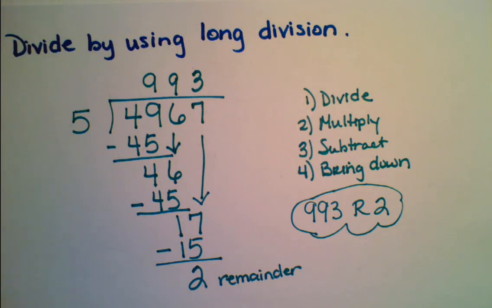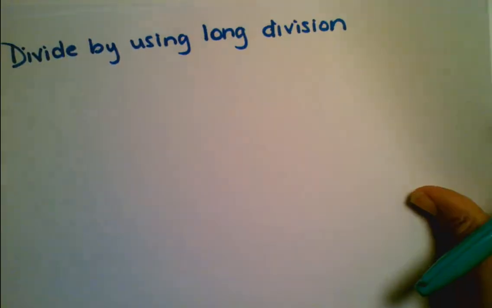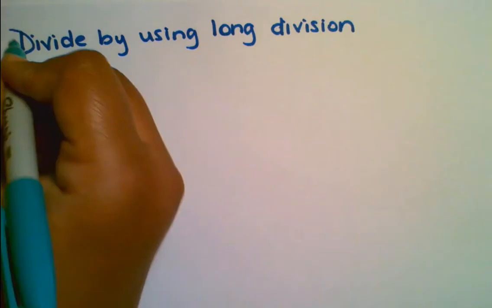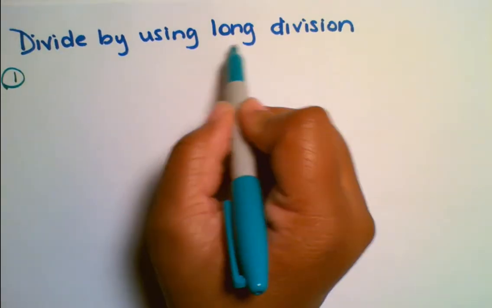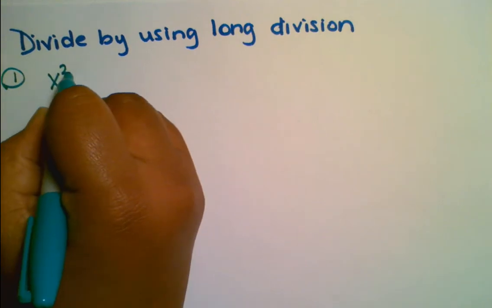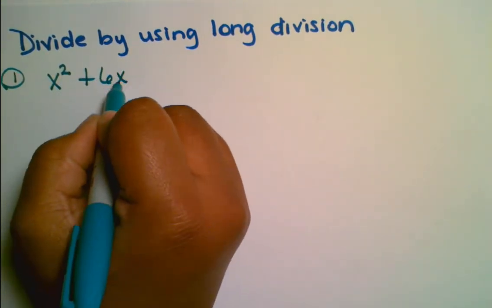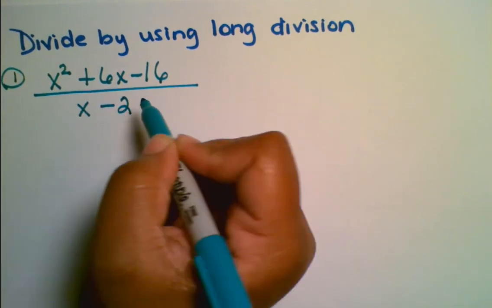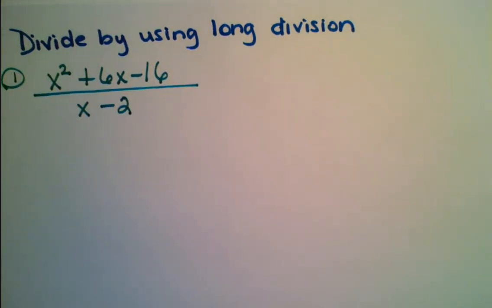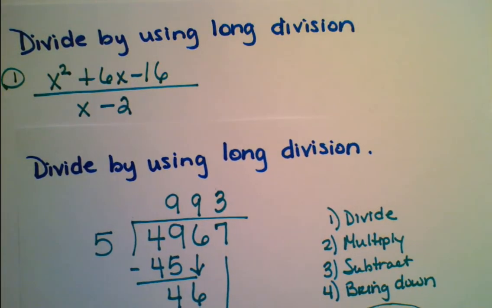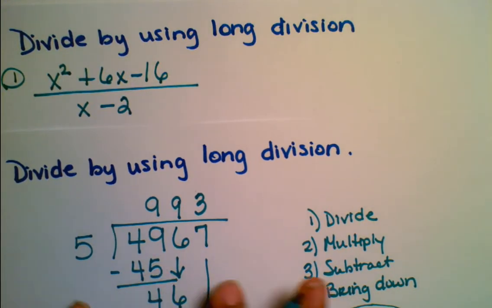I want you to think about that, because today I'm going to teach you a shortcut to long division when it comes to dividing polynomials. So here again, using long division, we have x squared plus 6x minus 16 all over x minus 2. What we had before was just working with numbers.